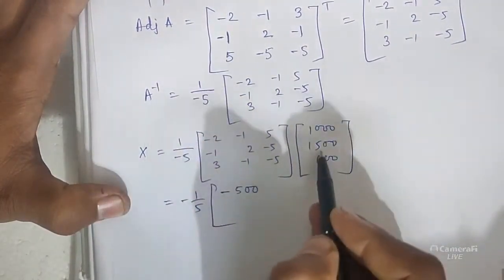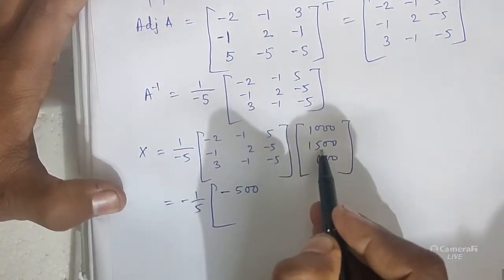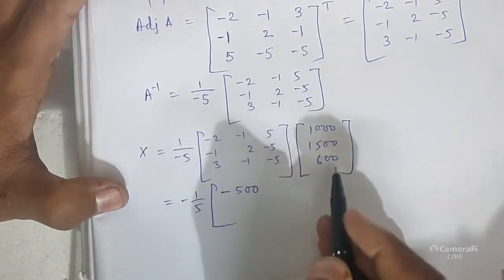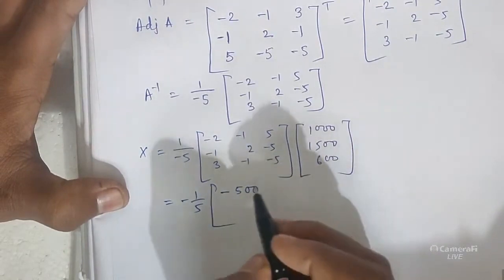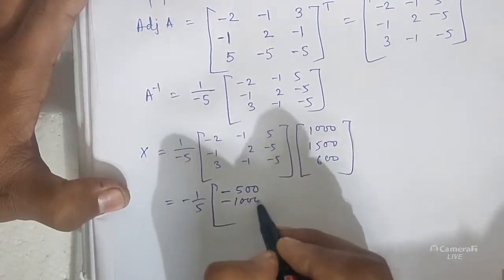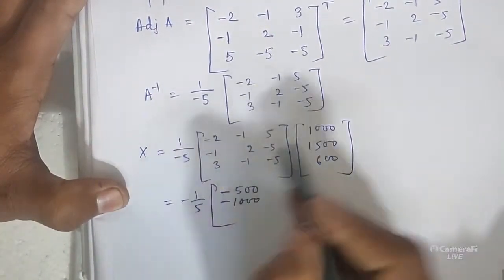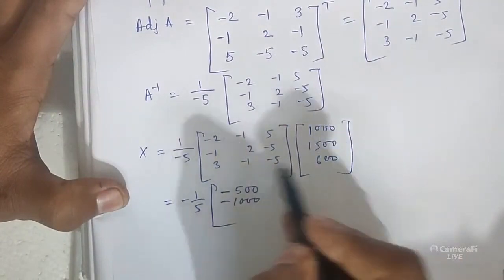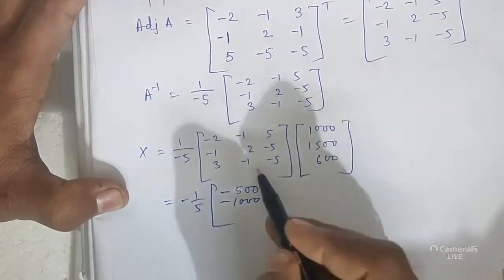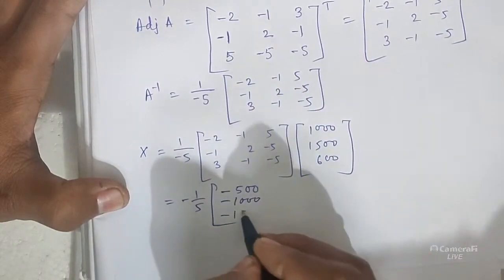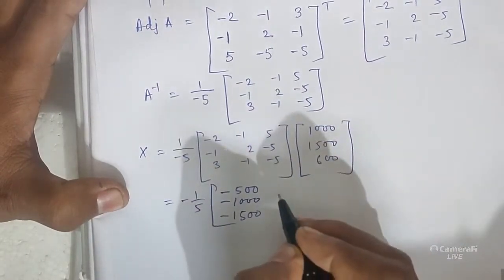Minus 1000 plus 3000, that is 2000, 2000 minus 3000, that is minus 1000. 3000 minus 3000 cancels, so minus 1500.